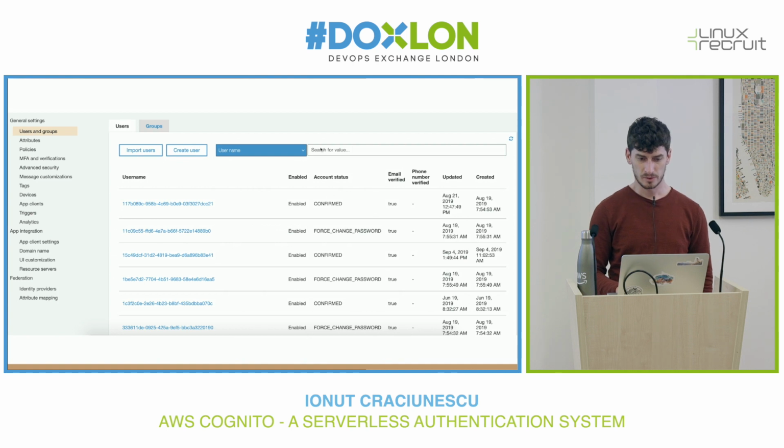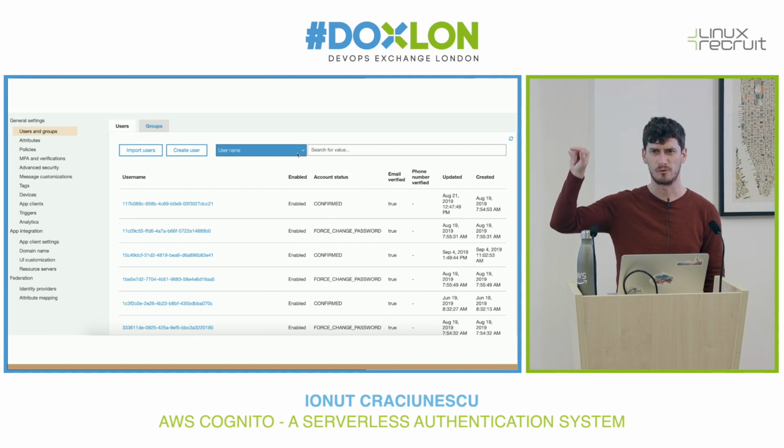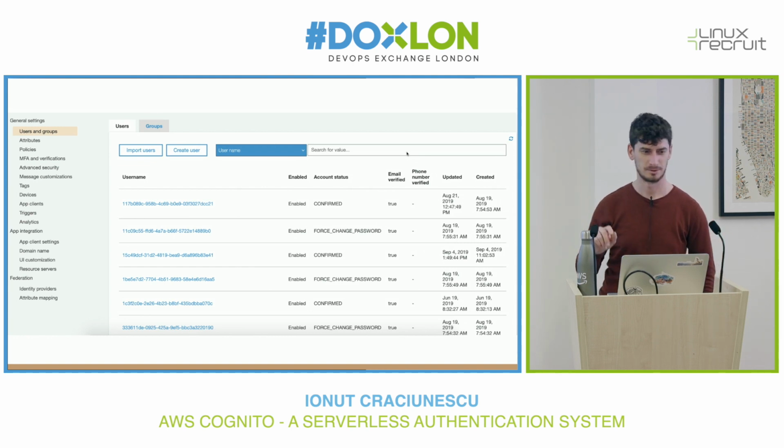There's a bit of information like updated and created dates. You can search users. It defaults to username, which means this ugly ID. I never managed to remember one, but you can click on this thing, get a drop-down list, and then you can search by email or phone number, if I remember correctly. Most of the time, if not every time, I search by email.